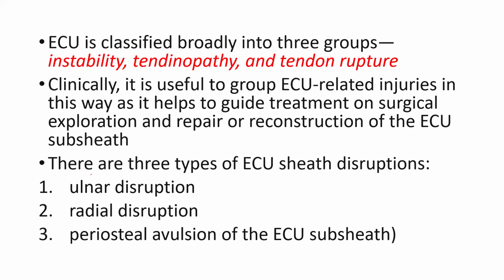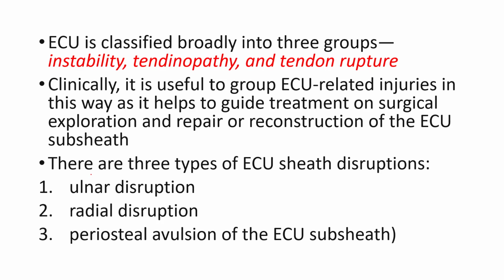Extensor carpi ulnaris is classified broadly into 3 groups. It can undergo instability, tendinopathy, or tendon rupture. Clinically, it is useful to group extensor carpi ulnaris related injuries in this way, as it helps to guide treatment on surgical exploration and repair or reconstruction of the extensor carpi ulnaris subsheath.